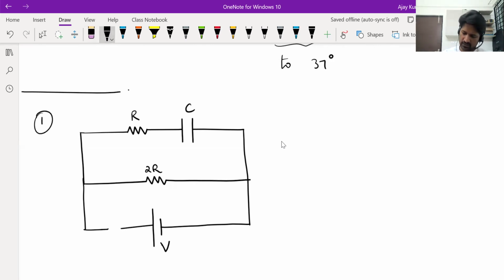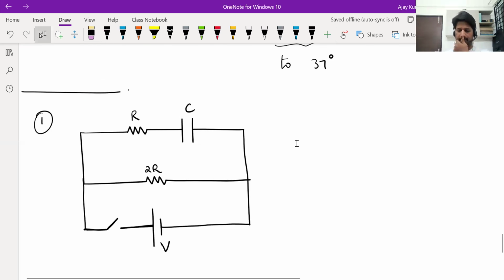Assume the capacitor is uncharged initially and the switch is also open, so there's no current flowing anywhere. As soon as the switch is closed, can one of you tell what happens in this circuit?